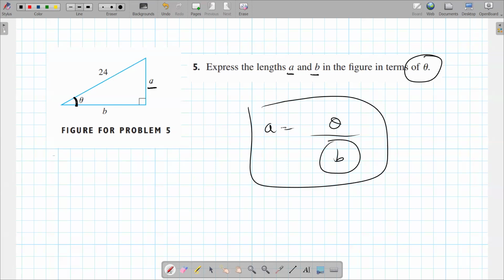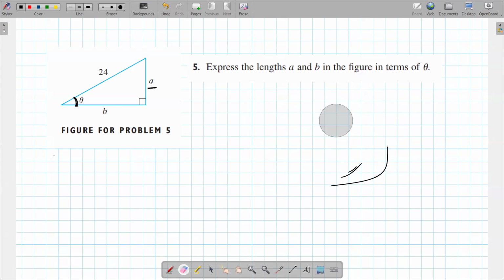You're not allowed to have this. What that means is that when we're trying to figure out, do I use sine, cosine, or tan here, you want to use the one that doesn't use the other letter. So for A, you can use this angle and the hypotenuse. That means this is the opposite and this is the hypotenuse.